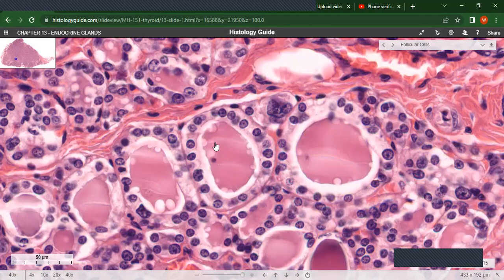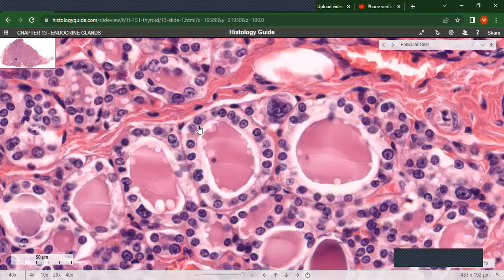The homogeneous material is the colloid. Now, colloid consists of iodinated thyroglobulin. Thyroglobulin is a glycoprotein produced by the follicular cells, which is secreted into the follicular cavity and combines with iodine to form iodinated thyroglobulin, this colloid.